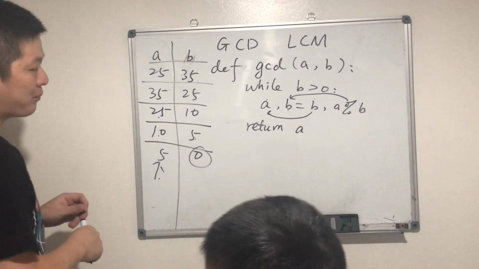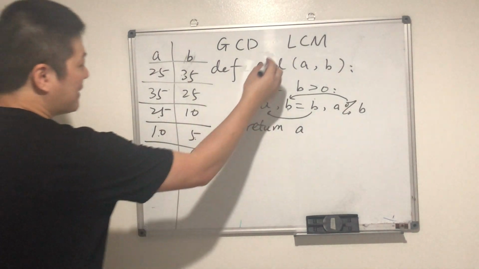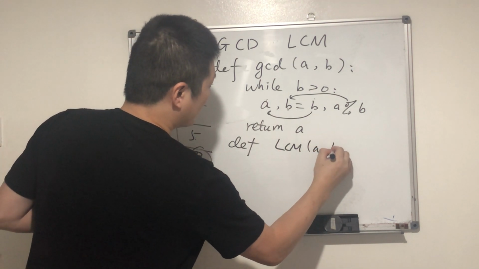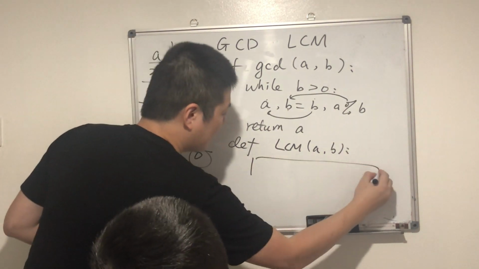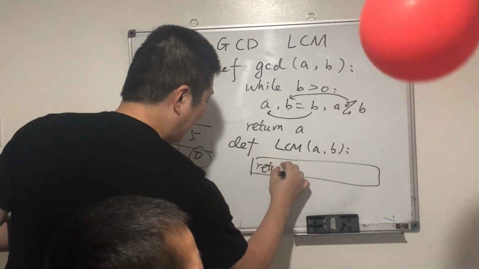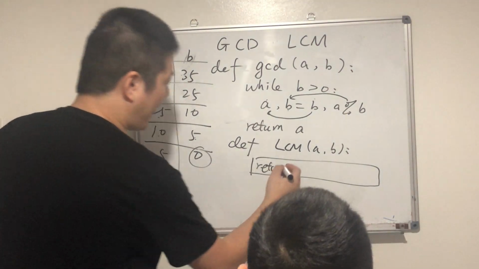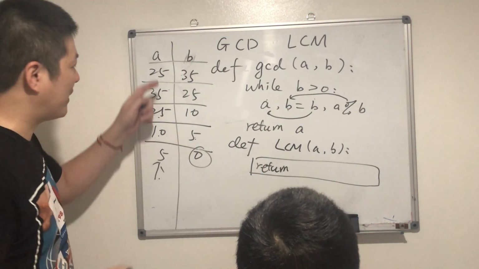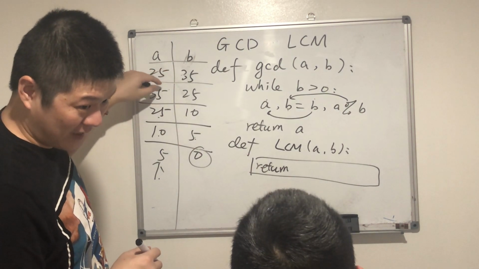So now, how can we do this LCM? Look, define LCM of A and B. That's the magic line. How do we do it? Return what? Remember, 25 and 35, what did I teach you at the beginning?